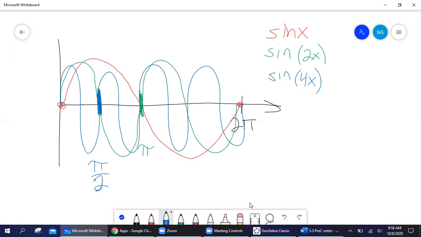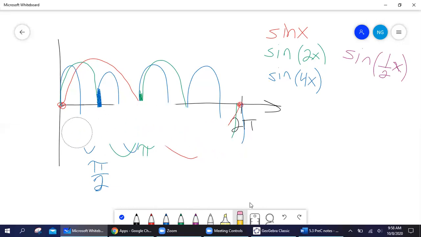Vice versa, if I had sine 1/2 x, that half means I'm only going to see half of the wave by the time I reach 2 pi. So what is that mess going to look like? Let me erase some of this other stuff.